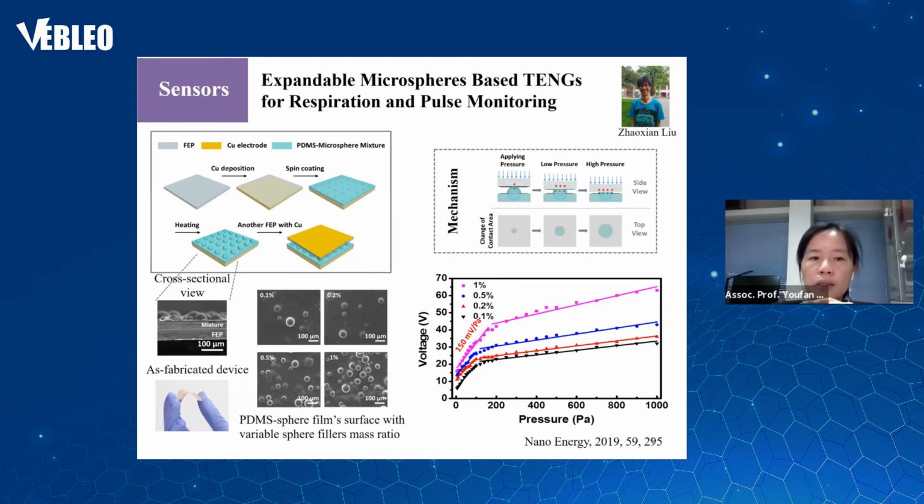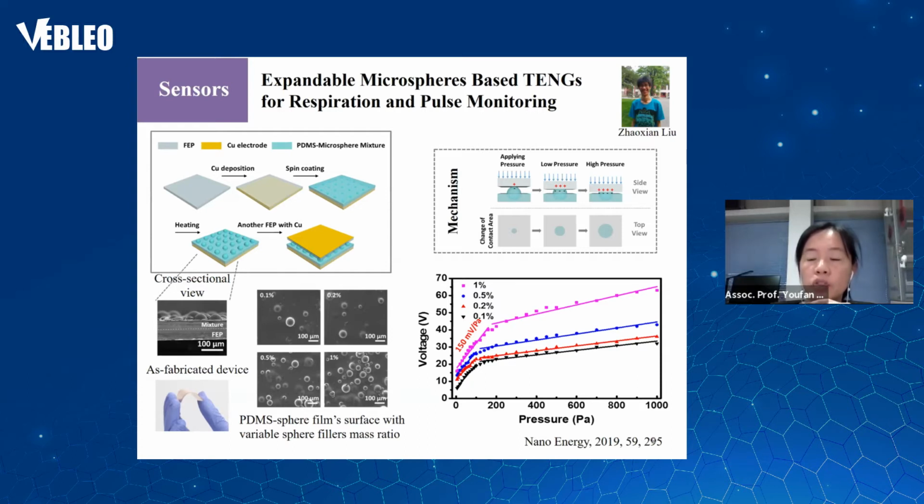And when you heat the film, the expandable microspheres will generate a microstructure on the surface. And when the device experiences different levels of pressure, the deformation of this soft structure will change.